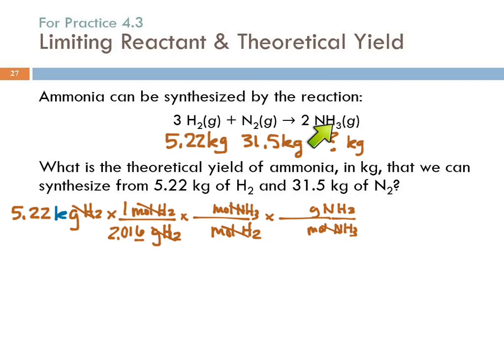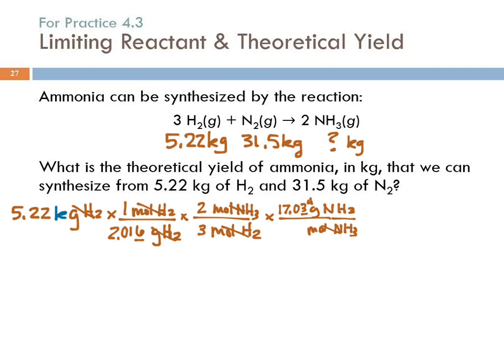We get 2 moles of ammonia for every 3 moles of hydrogen. So 2 to 3. And then over here we have to calculate the molar mass of ammonia. I lost the last digit in my head. 3 times 1.008 plus 14.01, 17.034.